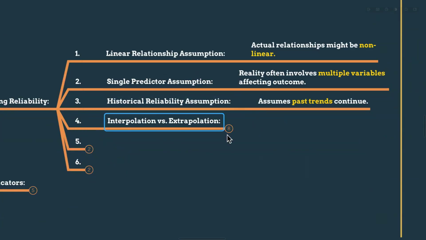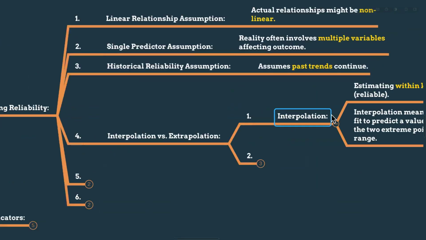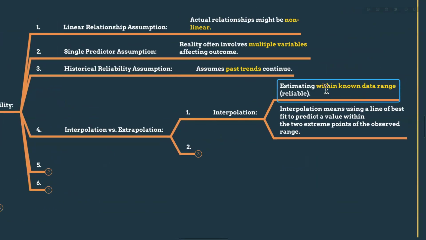And there is one important thing, interpolation versus extrapolation, right? Interpolation means estimating within the known data range. It is reliable. We know some data points, some pairs of data, and we are estimating within the known data range. That is called interpolation.